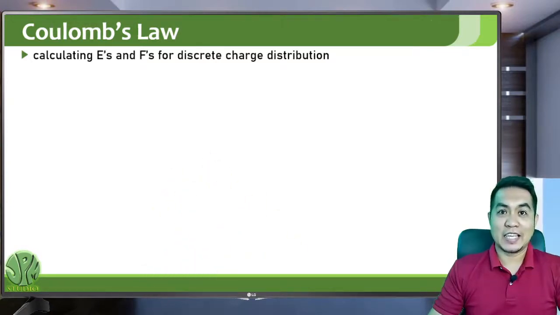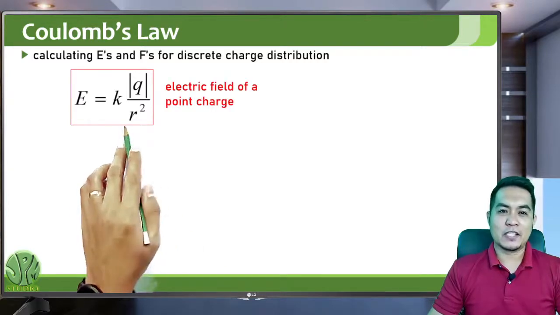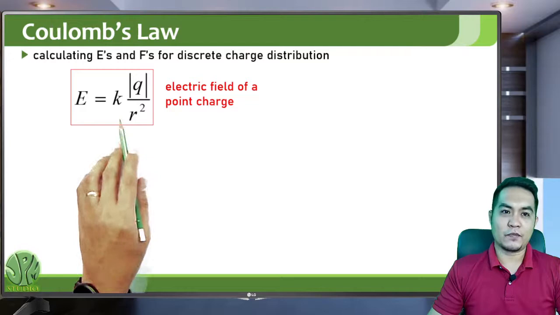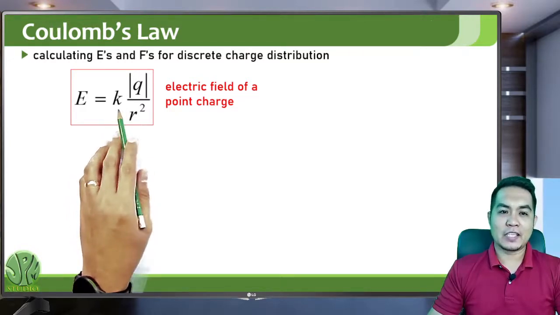So it's discrete. If you want to calculate the magnitude of the electric field, then it's given by this equation. This is the electric field of a point charge. This is Coulomb's law for electric field. K is just some constant.